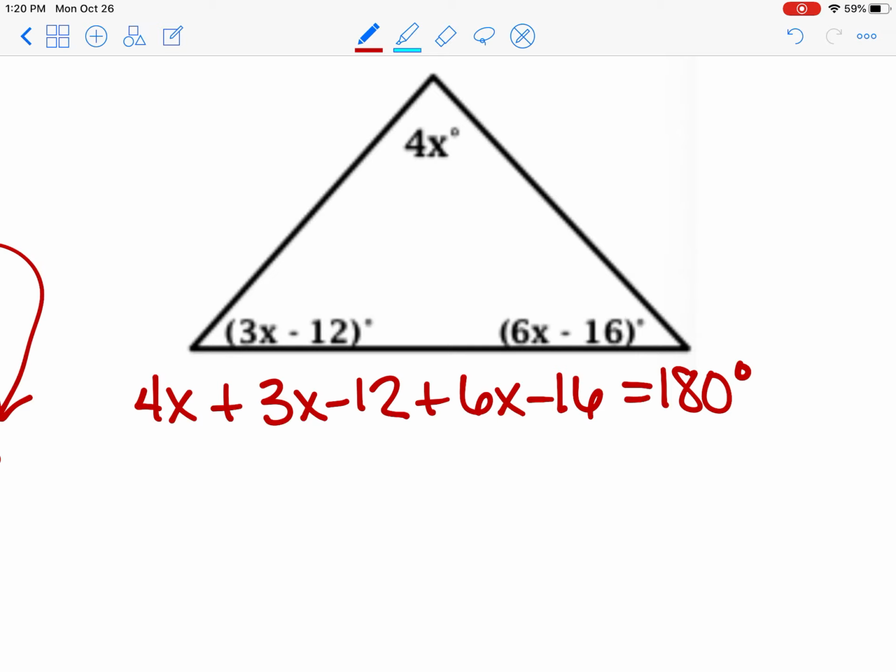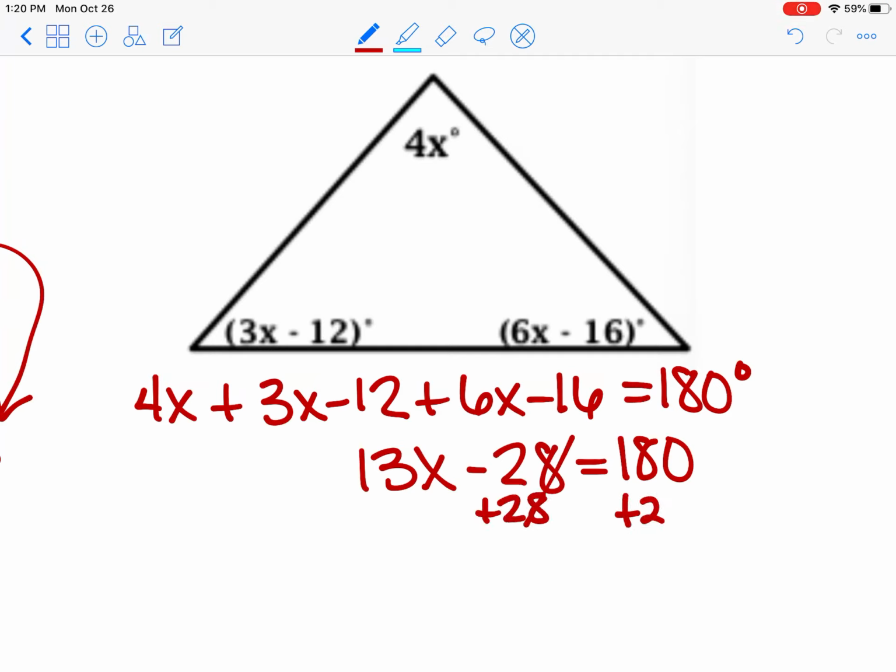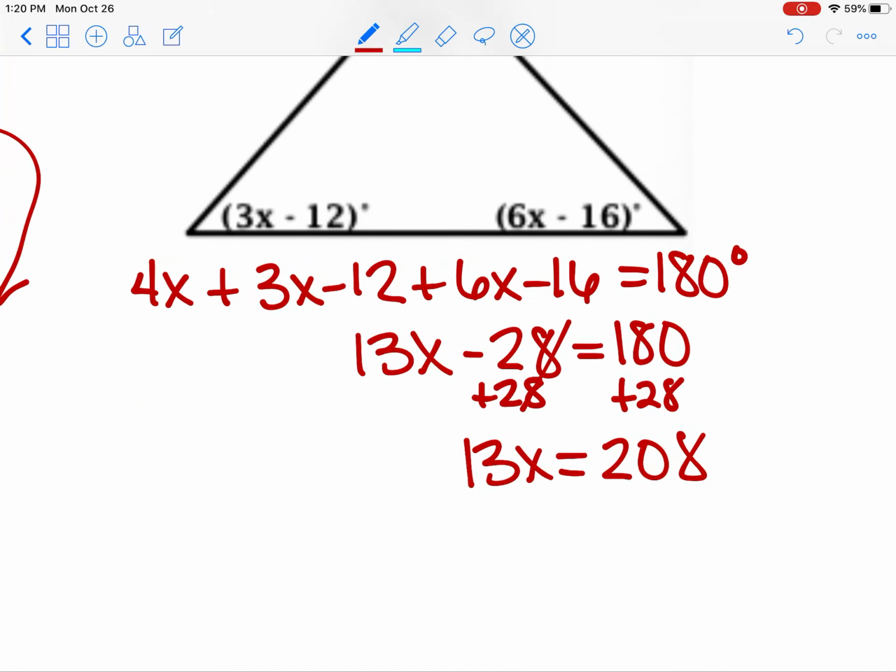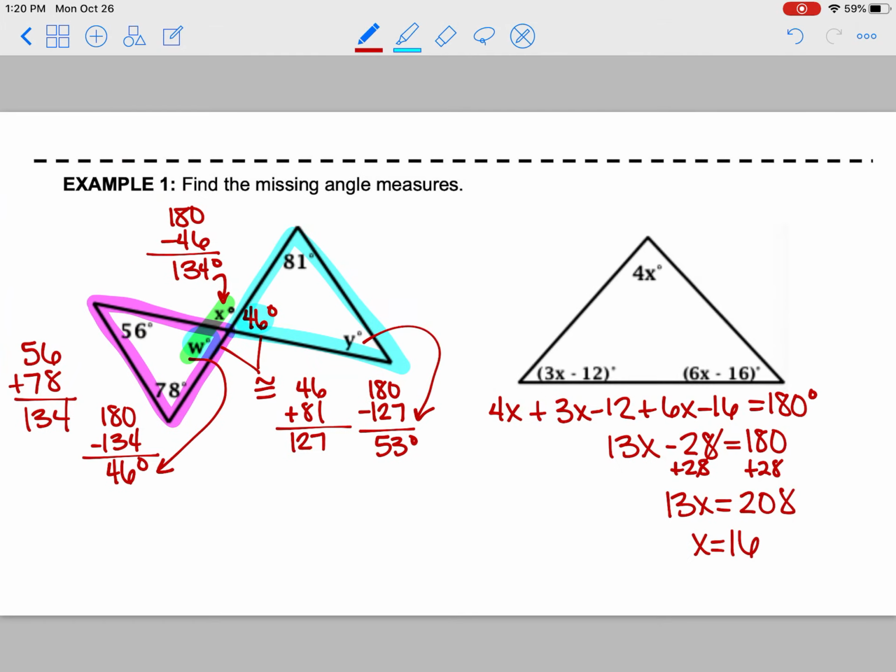If we combine our like terms, 4x plus 3x plus 6x gives us 13x. Negative 12 and negative 16 gives us negative 28. Add 28 to both sides: 13x equals 208. If we divide by 13, x equals 16.